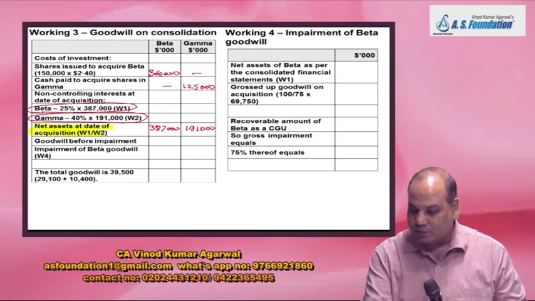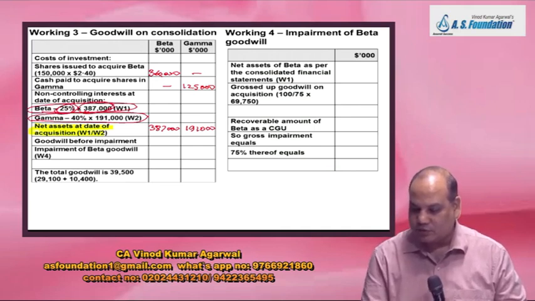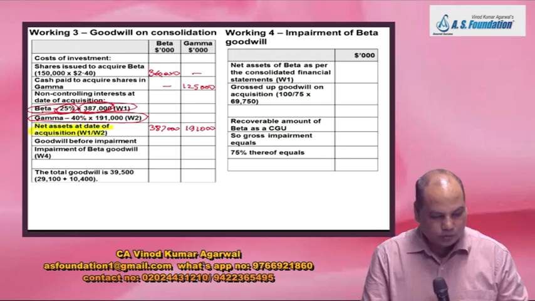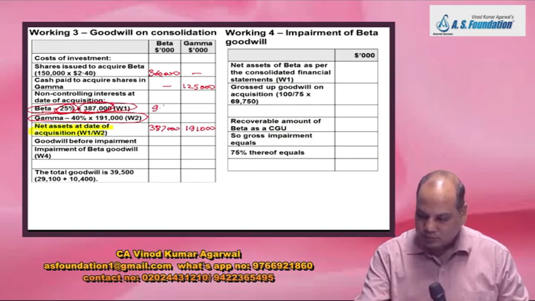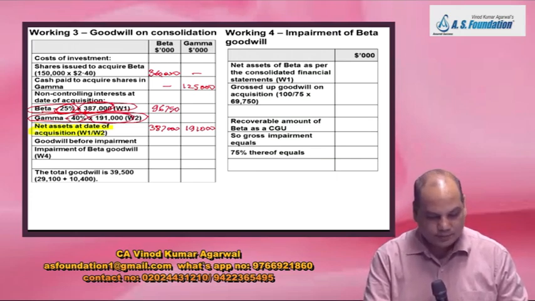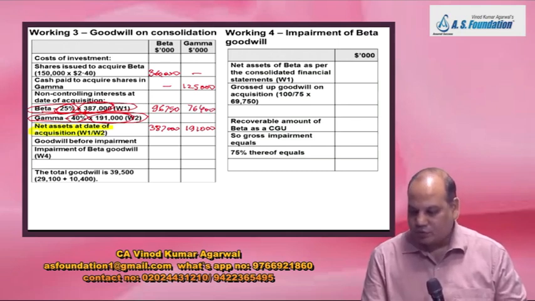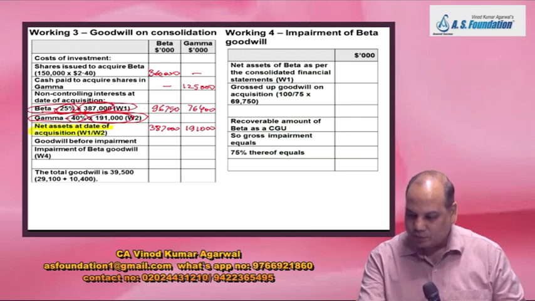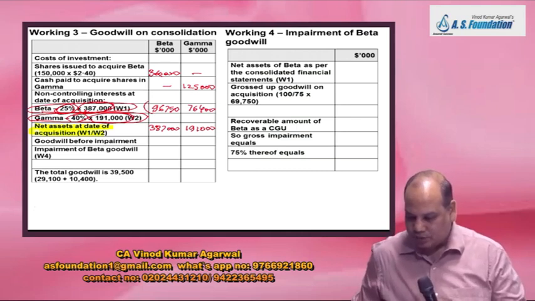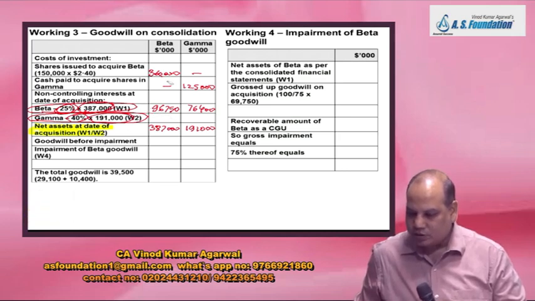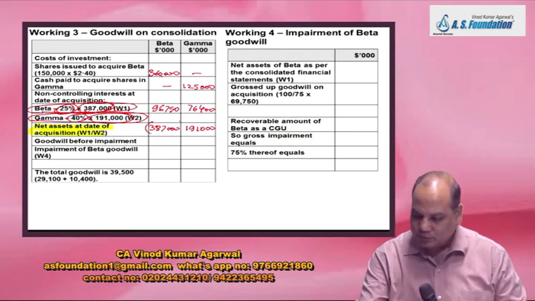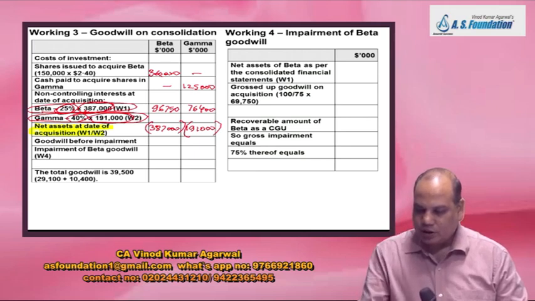Take 25% of 3,87,000. Is it 96,750? Very good. Take 40% of 1,91,000. Yes. So what is goodwill before impairment? Impairment is pending. So you first take 3,60,000 plus 96,750 minus 3,87,000.